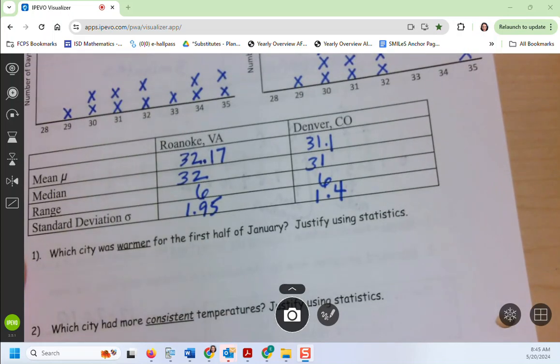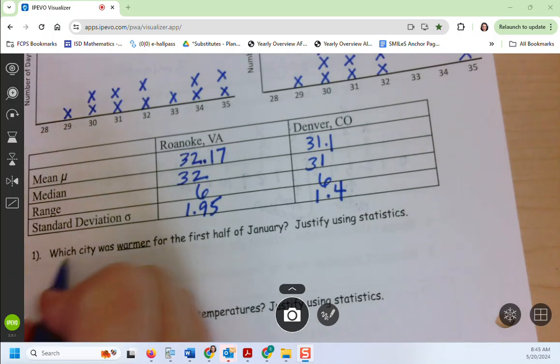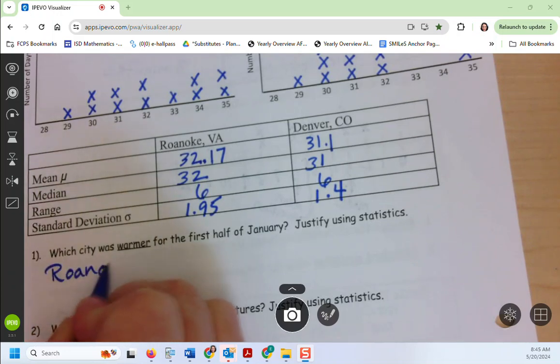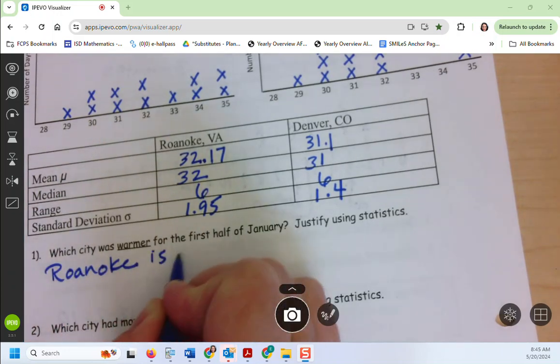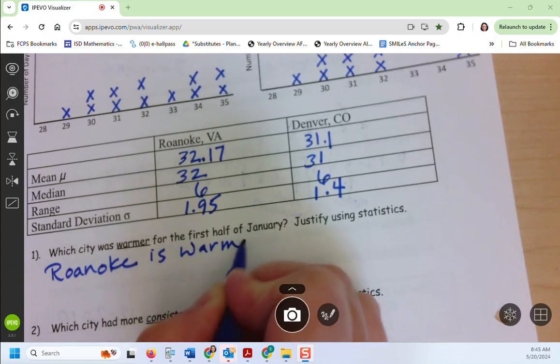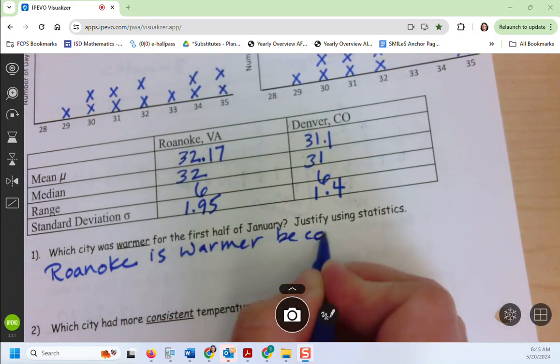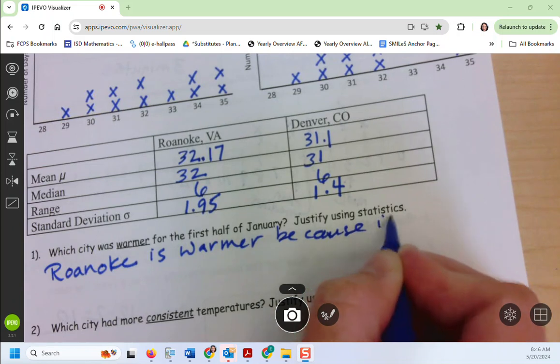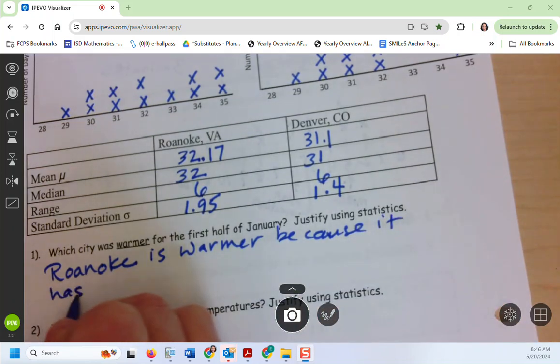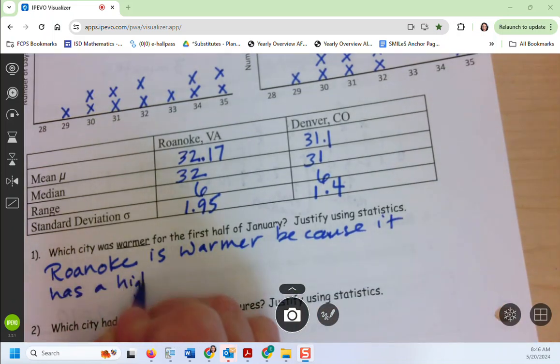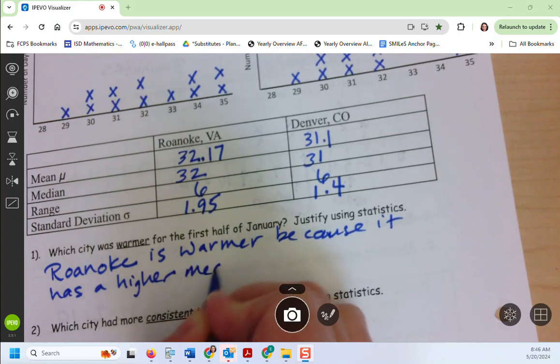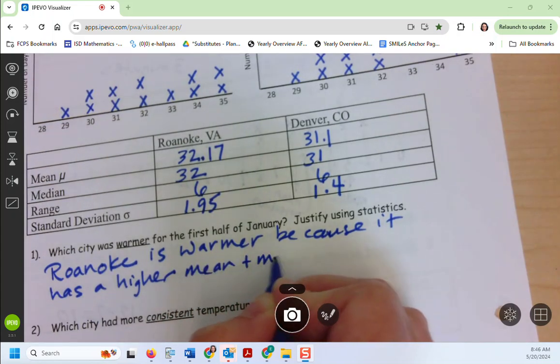Measures of central tendency are mean, median, and mode. The range and the standard deviation actually measure the spread of the data. So we would say Roanoke is warmer because it has a higher mean and median.